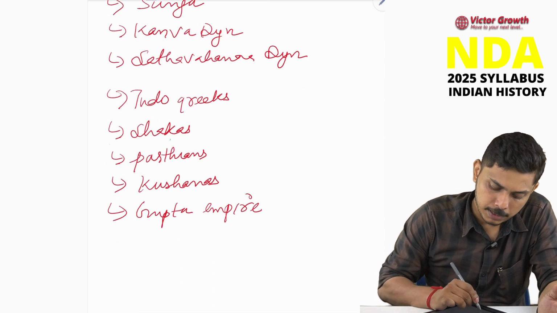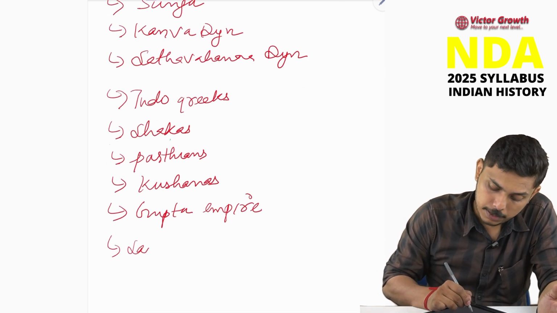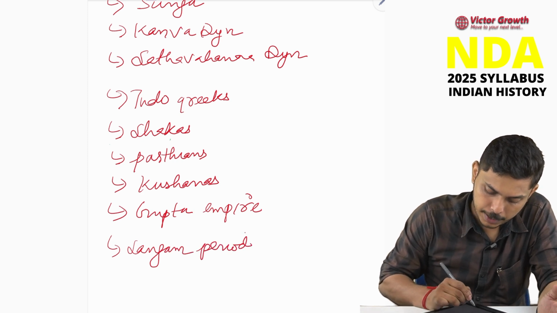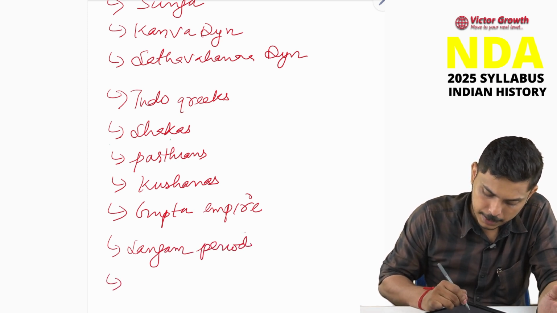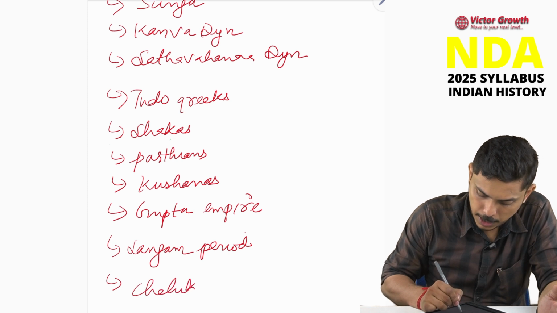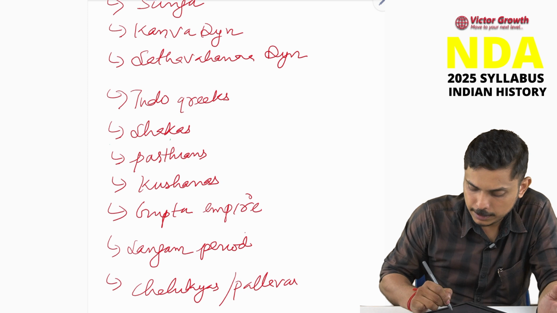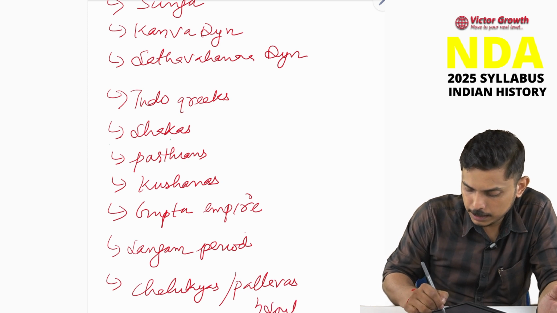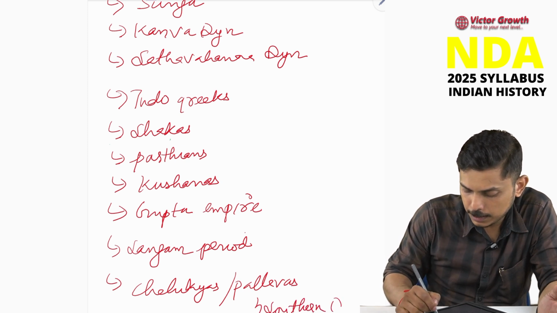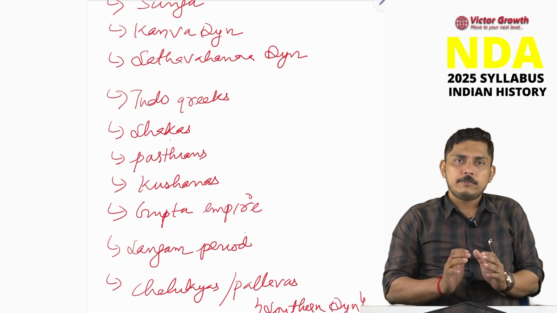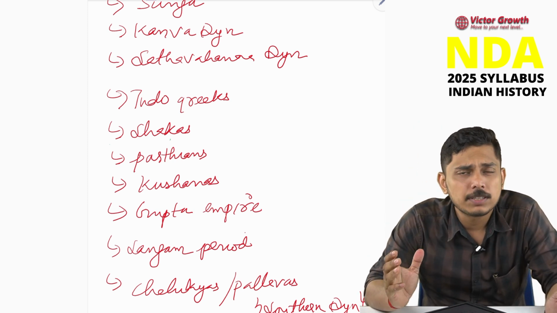During that time in southern India we have the Sangam period, followed by Chalukyas and Pallavas. These are the southern dynasties. So we can have a brief understanding of ancient India.